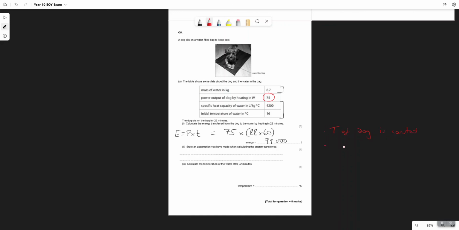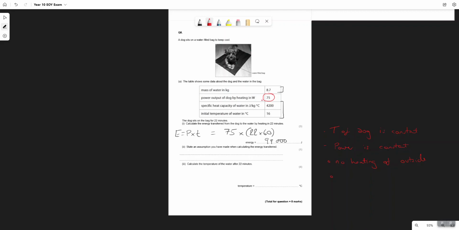You could say the power is constant, which over 22 minutes is quite a lot. So no heating of the outside, so the actual bag itself.